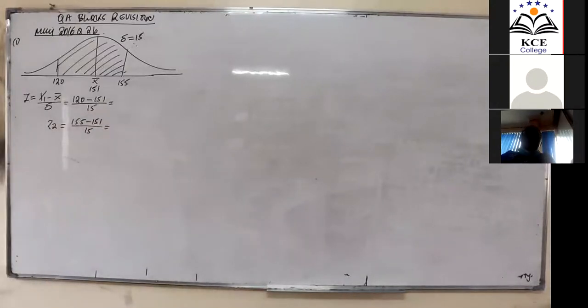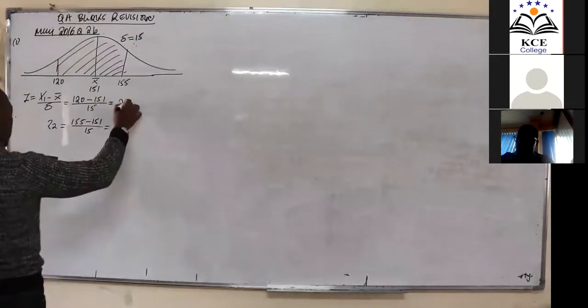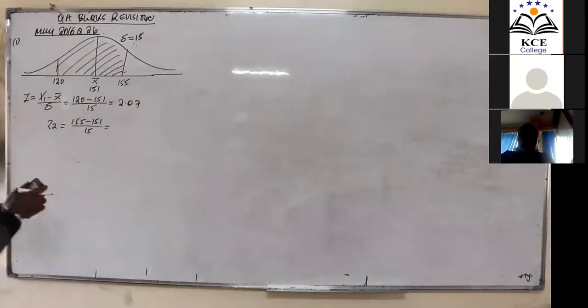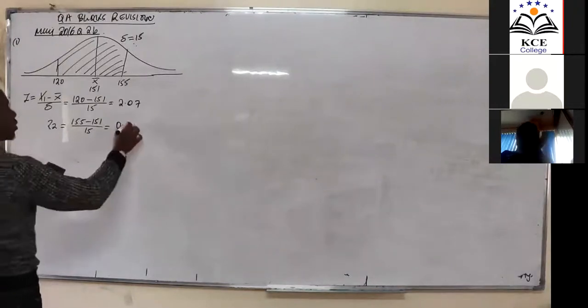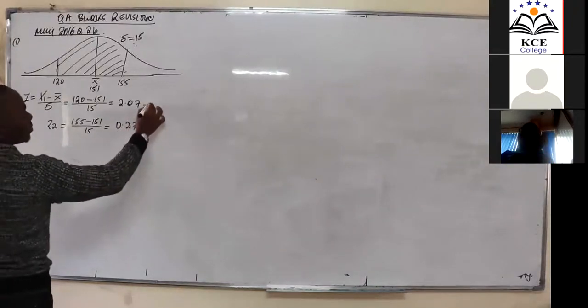And then your answer should be in two decimal places. Here you get 2.07. You get 0.27.